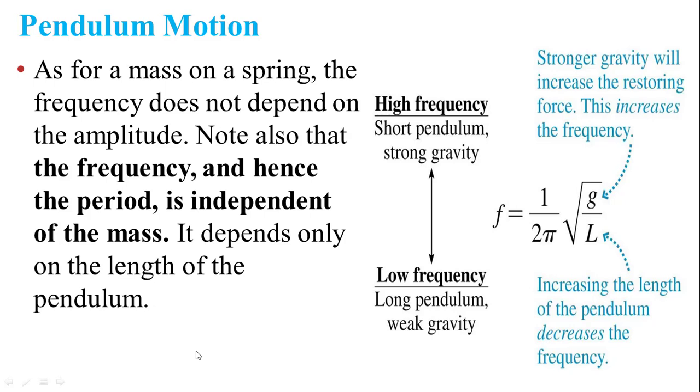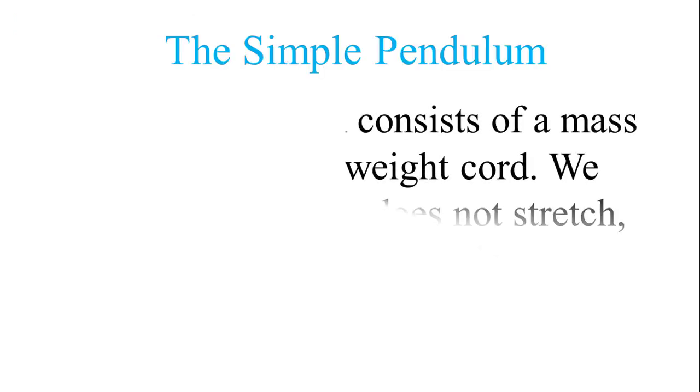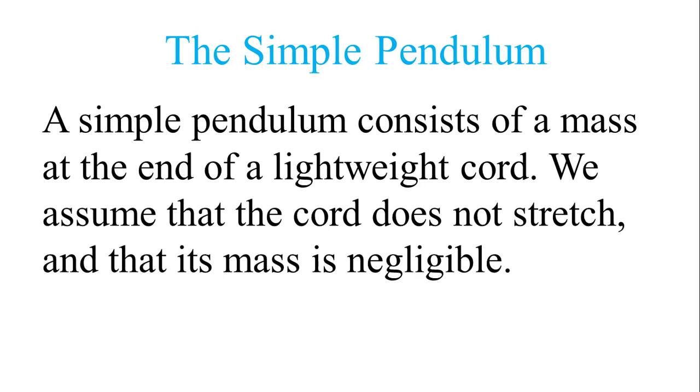So it does not depend upon the mass; it depends only upon gravity and the length of the pendulum. So we can write that a simple pendulum consists of a mass at the end of a string. Whether it is a heavy weight or a light weight, both are the same, not depending upon the mass.